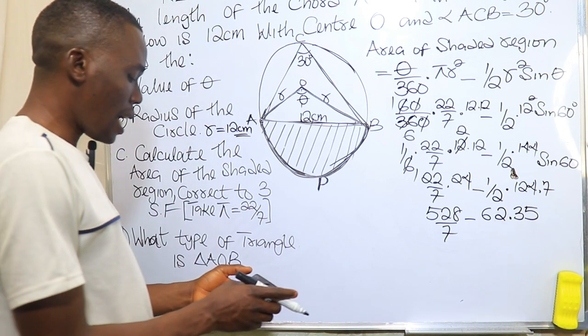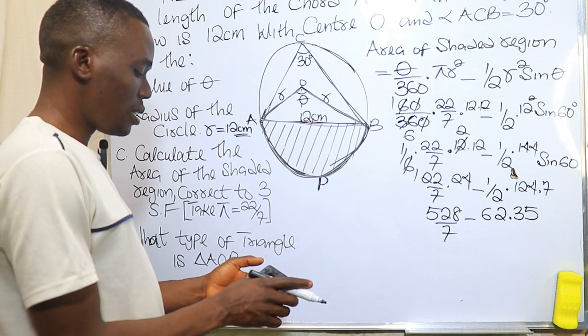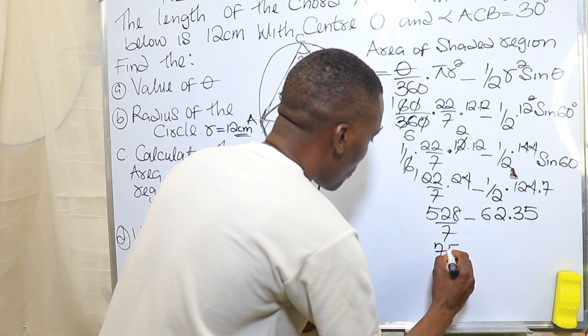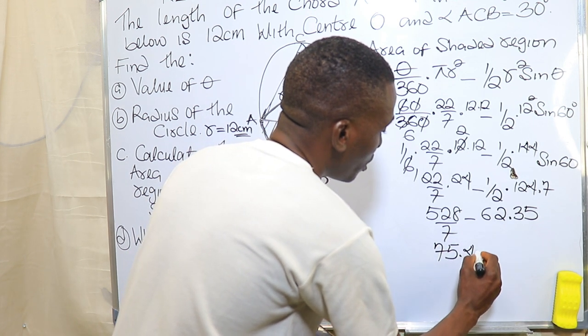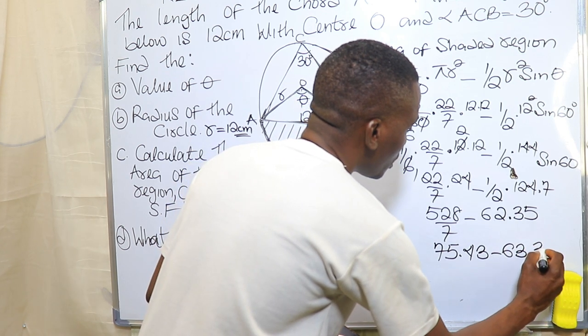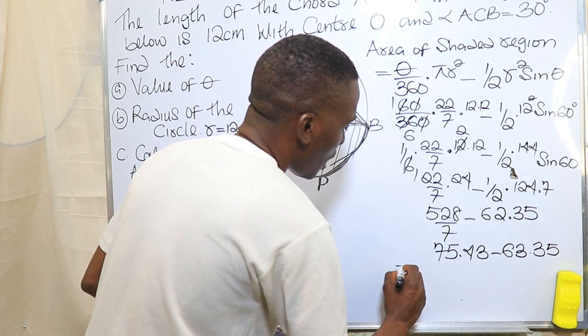So we are going to look at 528 divided by 7, which is going to give us 75.43 minus 62.35. If you subtract that, what will that area give us?